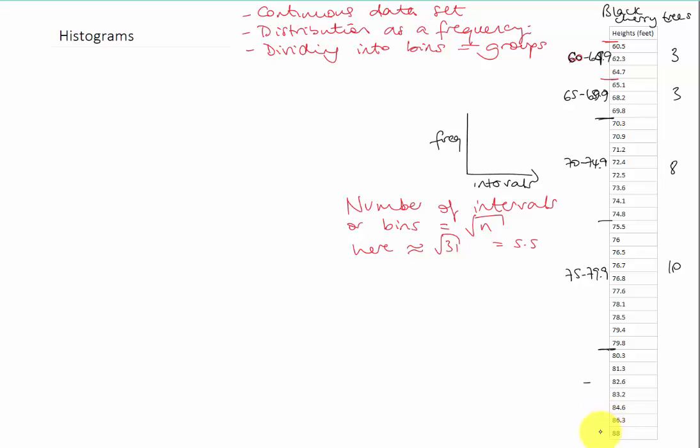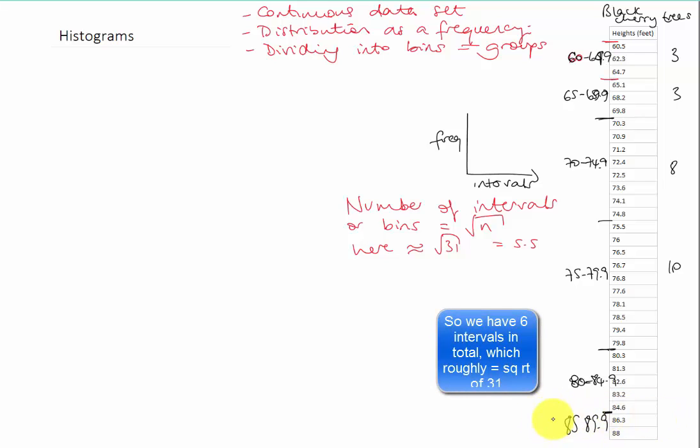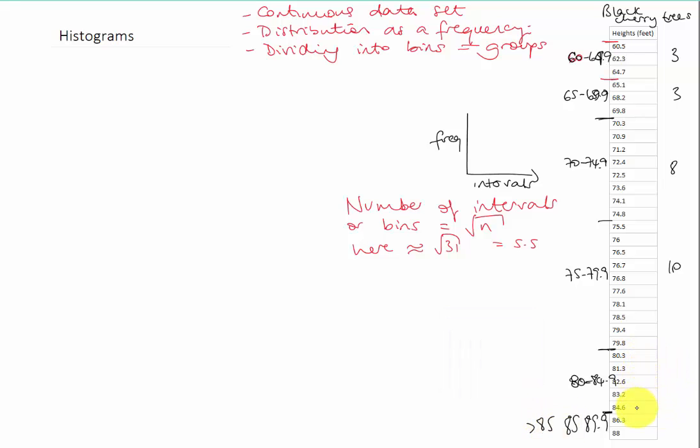So here we've got another. We've got 80 to 84.9, and here we've got 85 to 89.9, or greater than 85. So in this category we've got 1, 2, 3, 4, 5, and in this category we have 2.